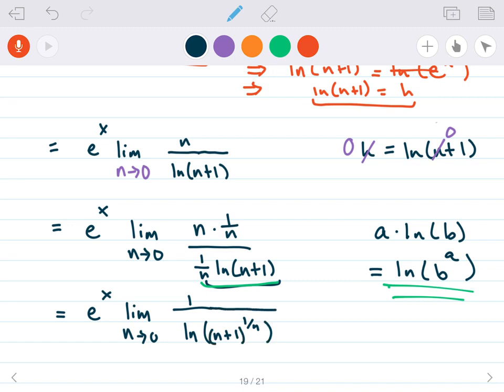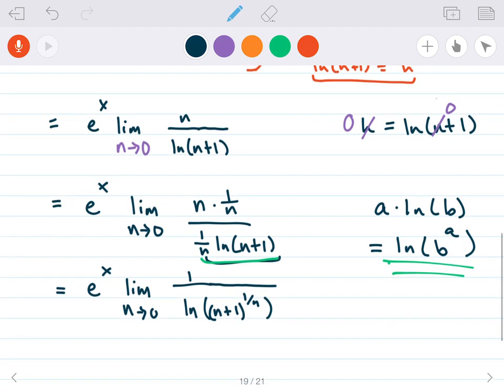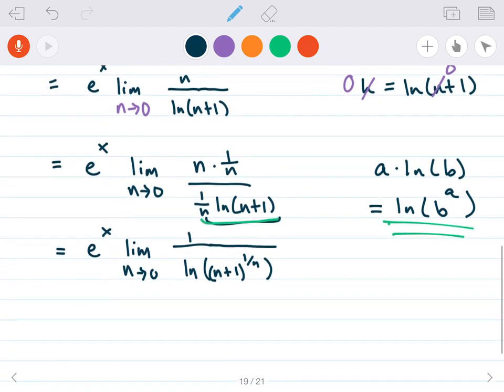Now, another property of limits tells me that I can actually go inside of the ln argument and take the limit as n goes to 0. This is another property of limits, and if you're curious, it's in chapter 1 of your textbook when we start talking about properties of limits. It's the ln limit property.